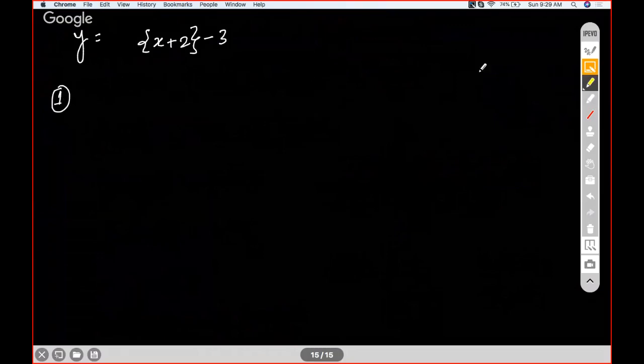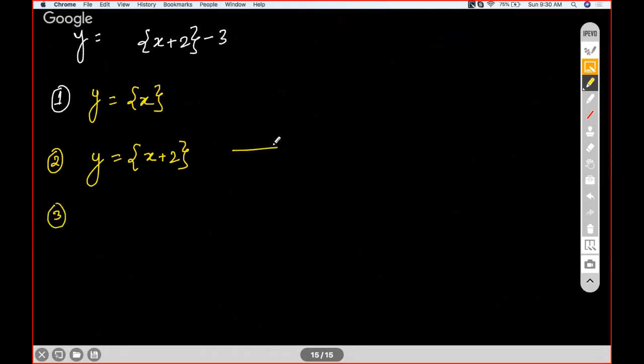First, you plot this graph, right? Then you shift it to the left by 2 units. Then you shift it down by 3 units. Absolutely. Then you do y plus 3 equal to this. So you shift it down by 3 units.